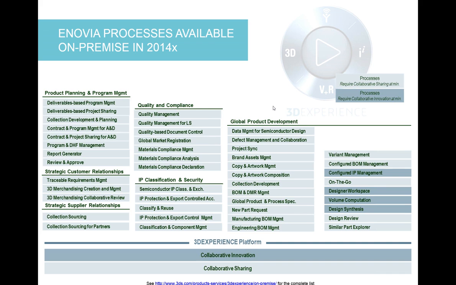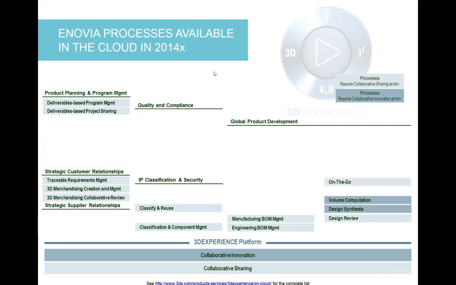The second and third options for deploying the 3D experience platform are cloud-based deployments. In the public cloud, meaning Amazon, which is a deployment option available from Dassault, you have this subset of processes available. And of course, in a cloud-based multi-tenant environment where lots of companies share some common resources, with strict access regulations, it's not possible to allow the same level of flexibility as with your own on-premise system.